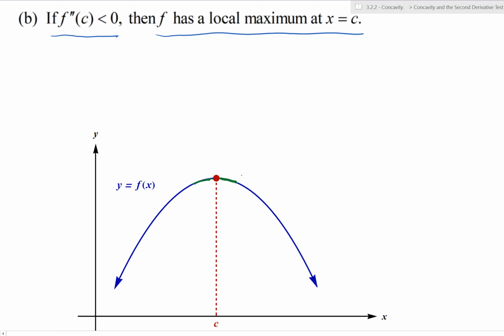At c, the derivative must be 0 by assumption, so the slope is 0. And if the second derivative at this location is negative, then the function must be concave down. The only way that's going to happen is with a picture like this, in which we have a local maximum point at x equal to c.